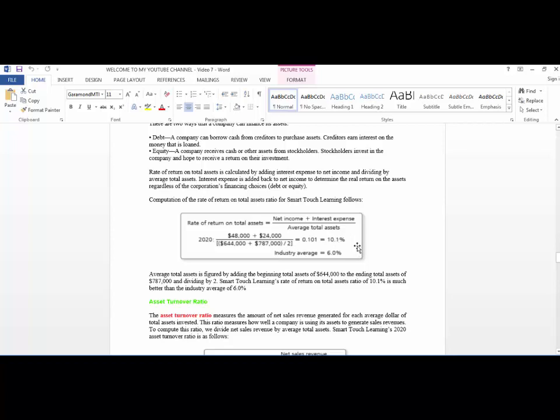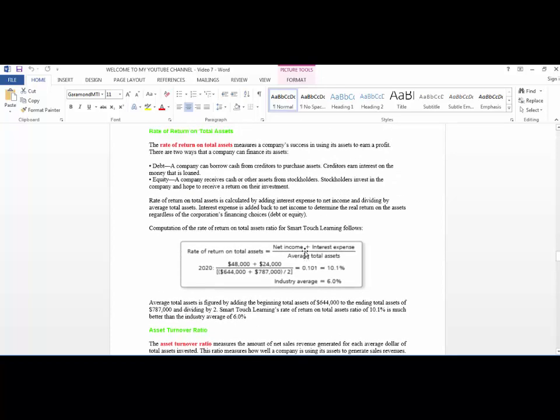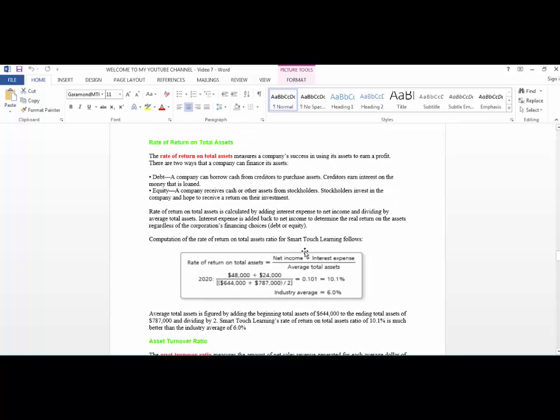Then we get 10.1%. It shows that the return on total assets is much better than the industry average, so the company has a better position in terms of net income.